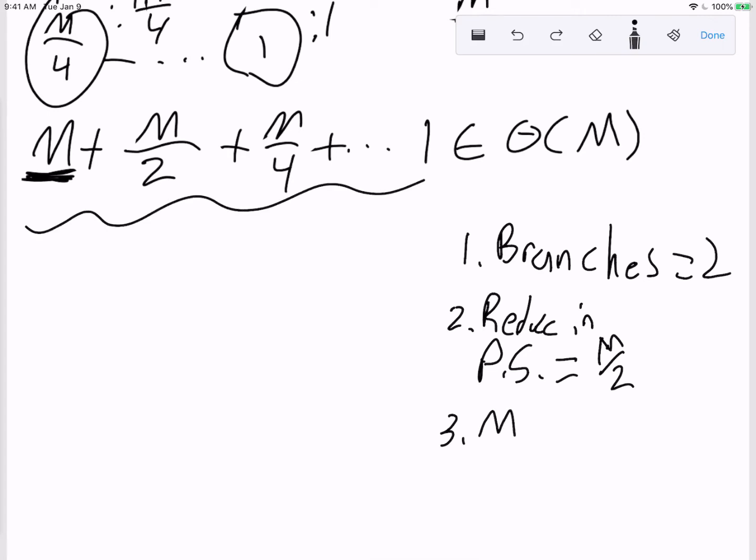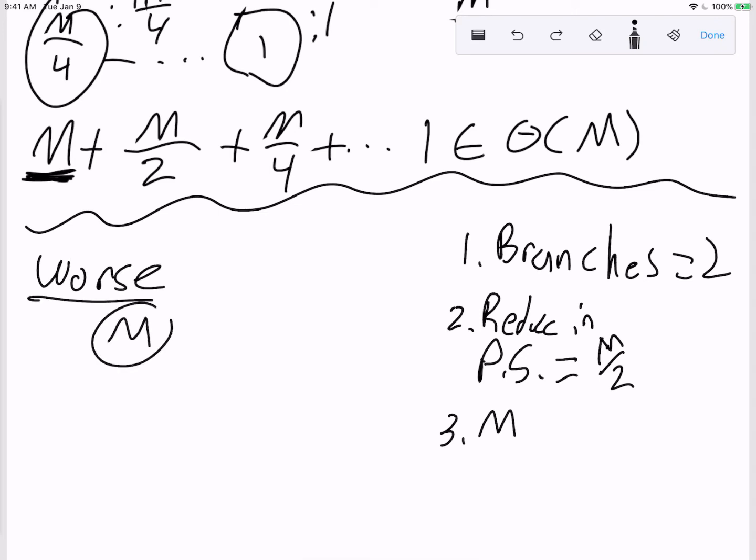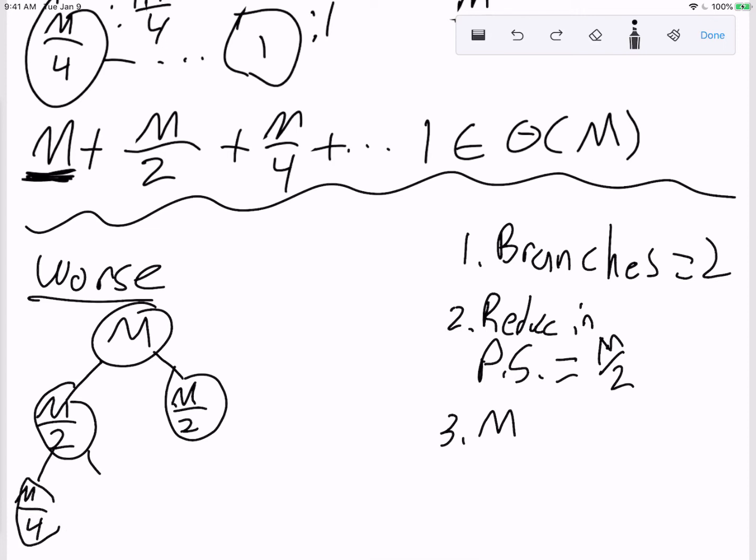Okay, let's do this. So now this is the worst case. So someone's going to give us a problem size m. And now we have 2 branches. This one's going to be m over 2. This one's also going to be m over 2. And then each one of these will have 2 branches. This one's m over 4. This one's m over 4.